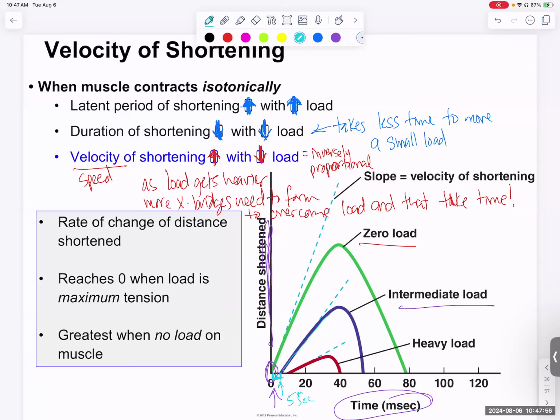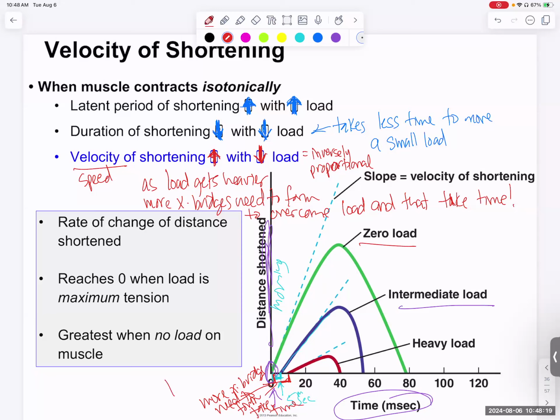Distance shortening means moving the load. If it's a really heavy load, though, it's going to take more time. Why? More cross bridges need to form, and that takes time.